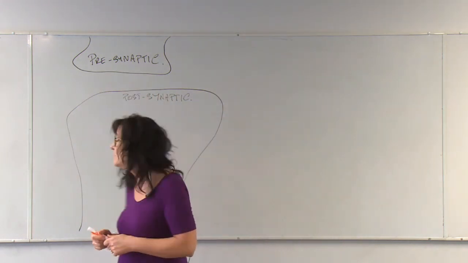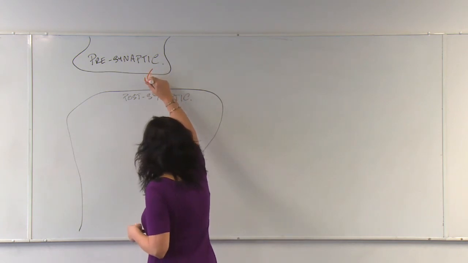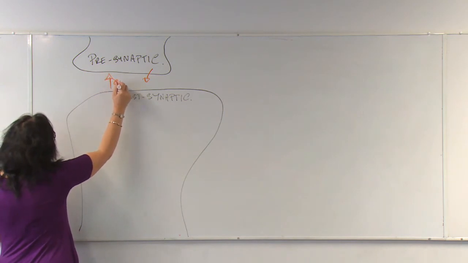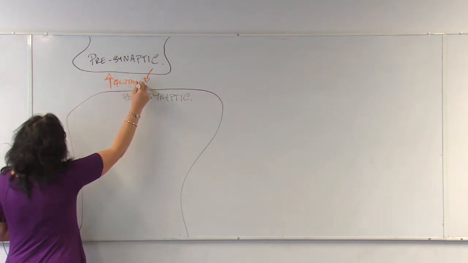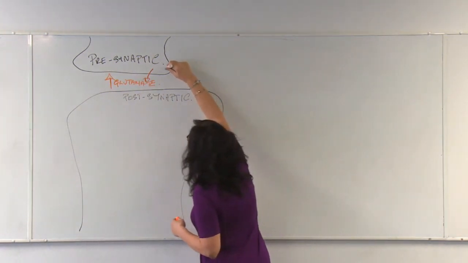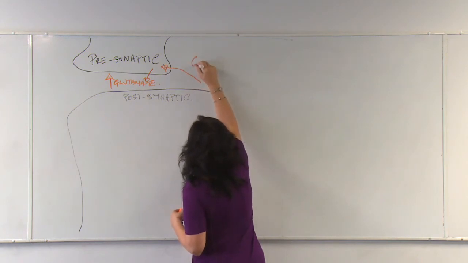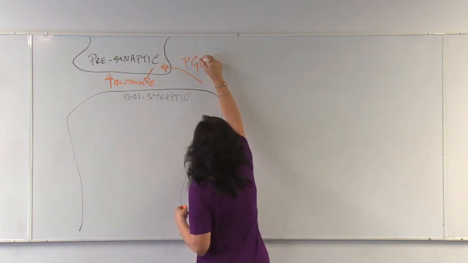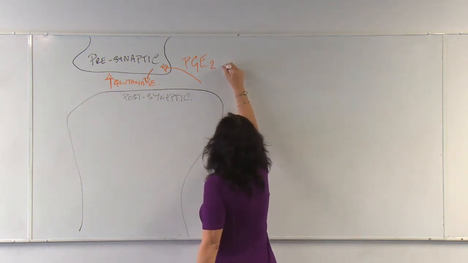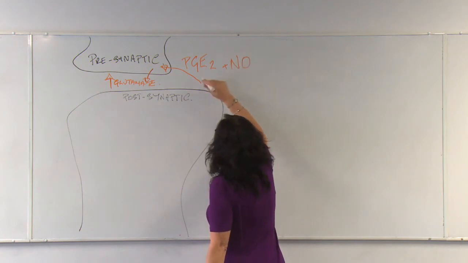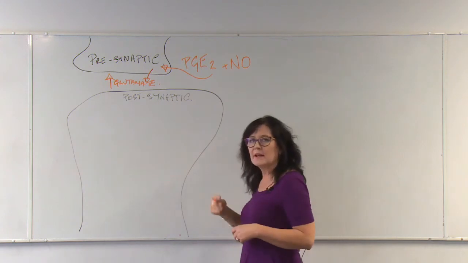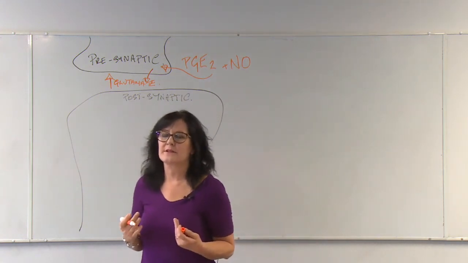Two things that are known to increase our glutamate are our good old friend PGE2 and our other good old friend nitric oxide. Both of these stimulate an increase in glutamate exocytosis.